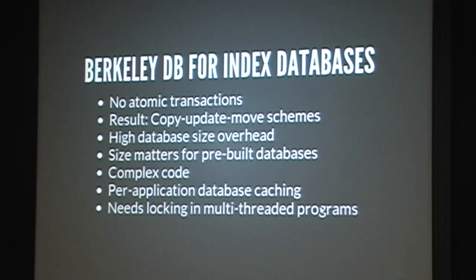It uses per-application database caching, so there are multiple copies of the data in the system, and for that very same reason it also needs logging if the program is actually using threads.